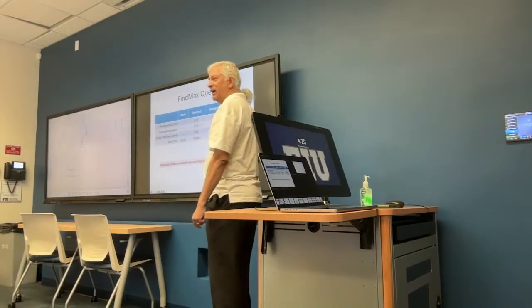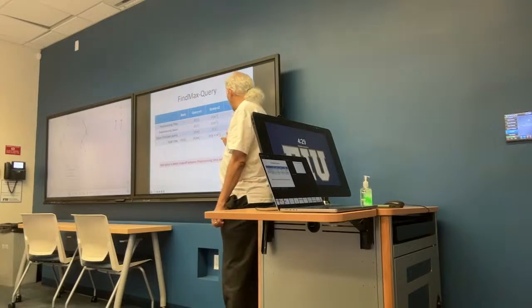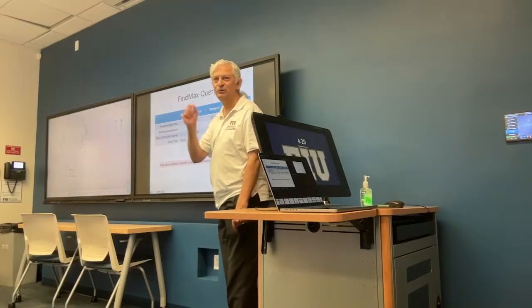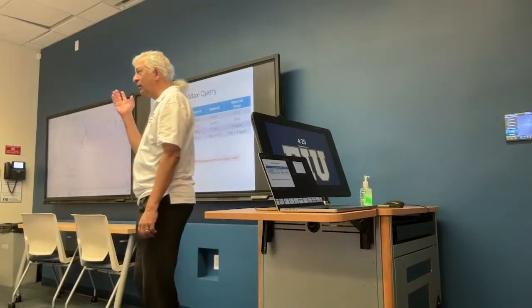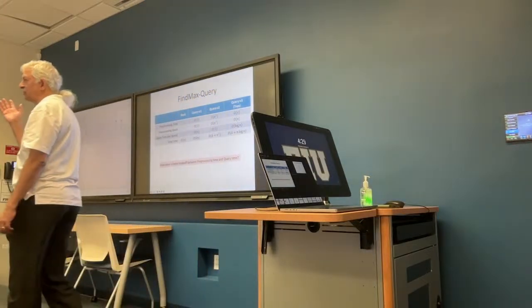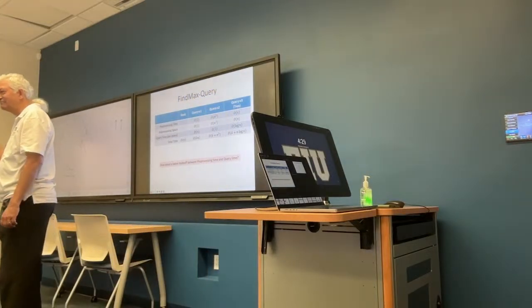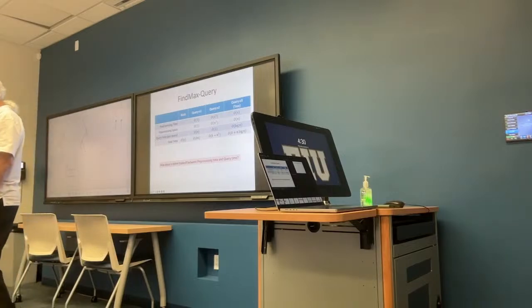So the only way out is getting K times log N plus N. The log of 1,000,000 turns out to be about how much? Log of 1,000 is how much?